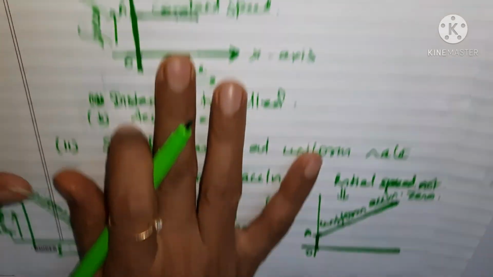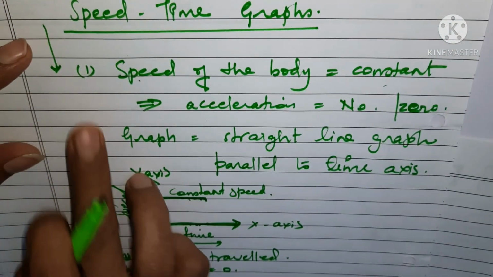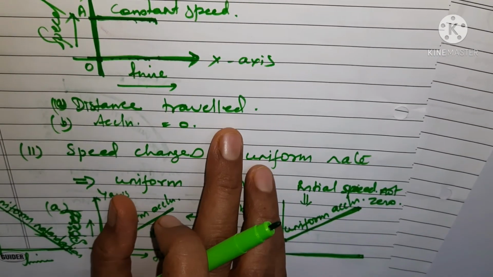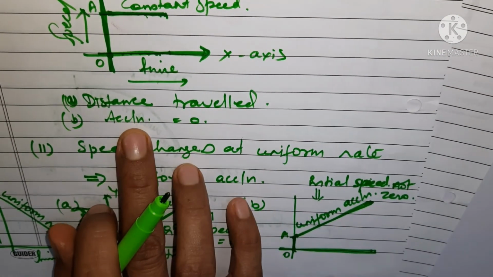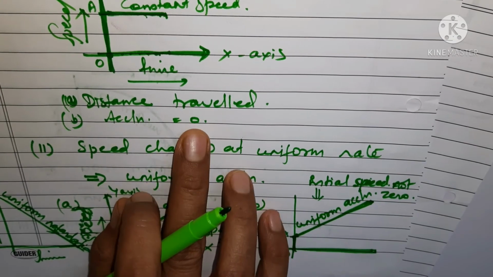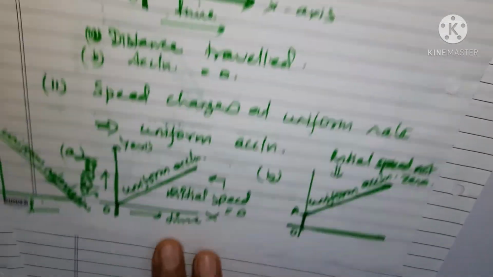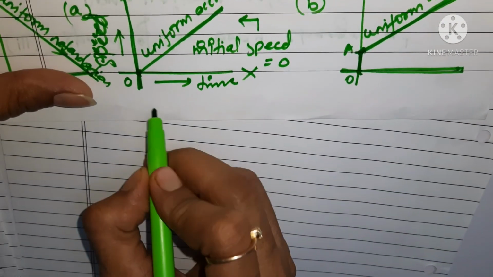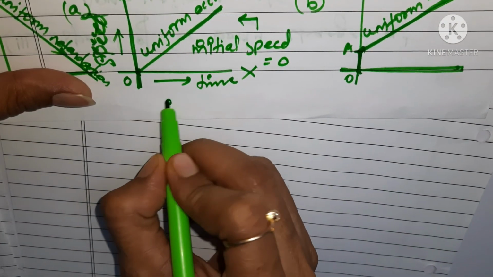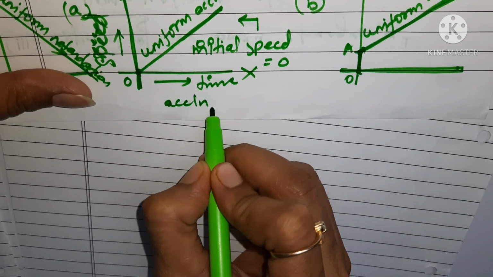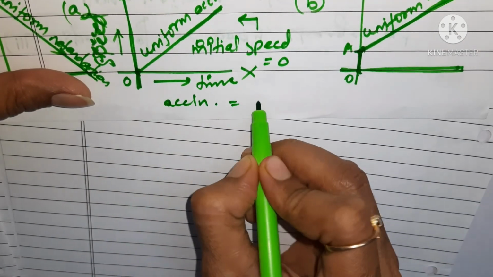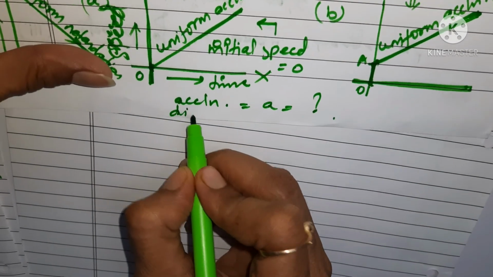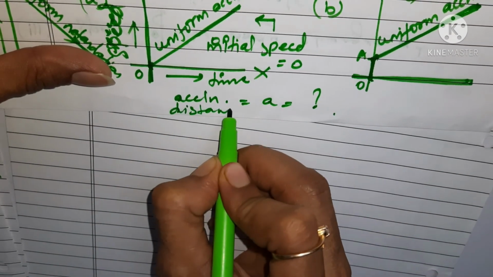One thing more I would like to tell you. In the very first case I told you that with the help of that graph we will be able to find out distance, but we won't be able to find out acceleration because there is no acceleration. But in these types of graphs, we are able to find acceleration as well as distance.